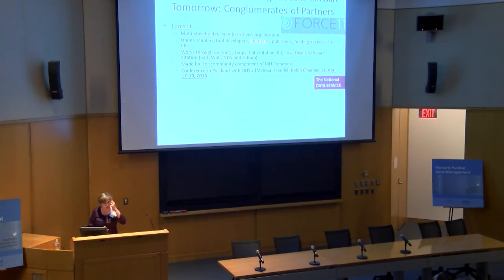And the way it works is in two ways. There are working groups with a very clear deliverable. We had a data citation working group that came up with a set of principles, which again, Merce was very instrumental in. Resource Identifier Initiative, which has actually implemented a set of resource identifiers with 5 publishers and I believe 30 journals at the moment. So because you have all the parties in the room, it's quite easy to get something implemented.